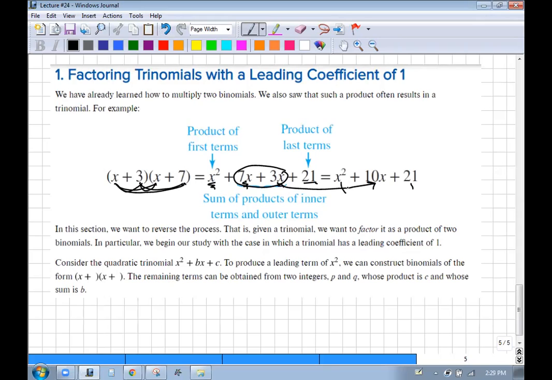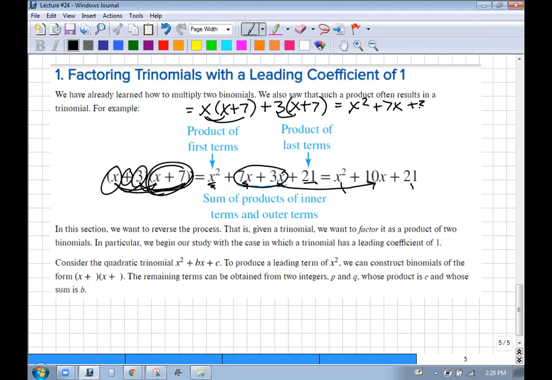All right, so the sum of the inner products, they didn't write this out, but what we're doing here is we have x times this thing plus 3 times this thing. So you get an x times an x, and then the 7x, and then the 3x, and the 21, right?